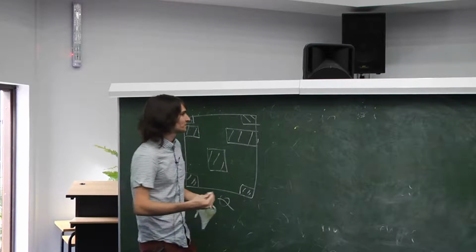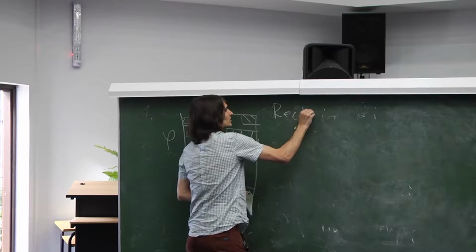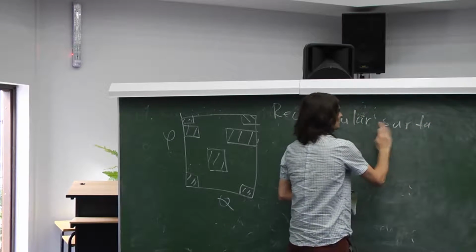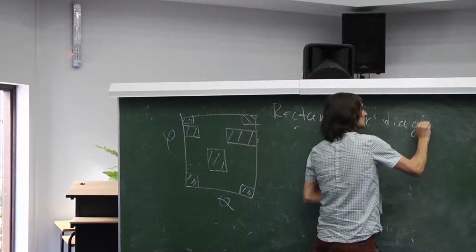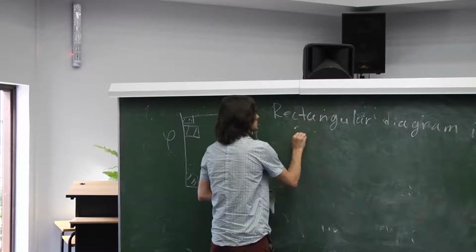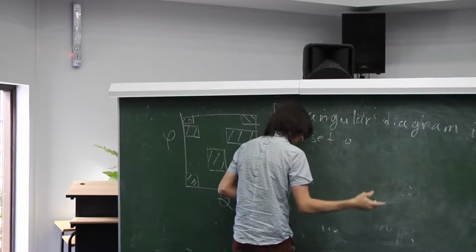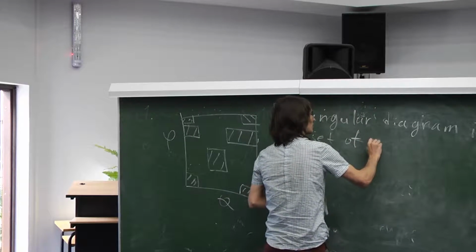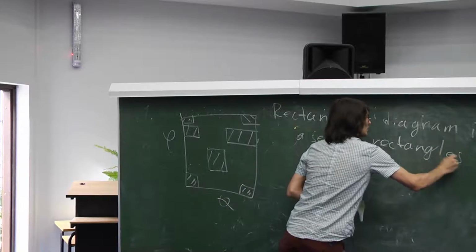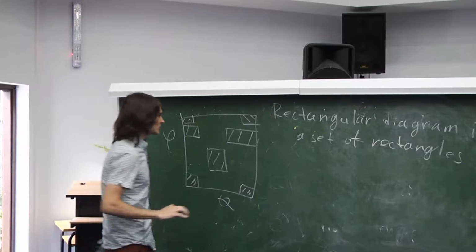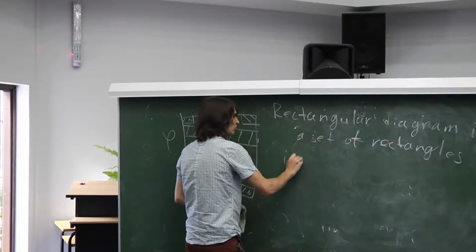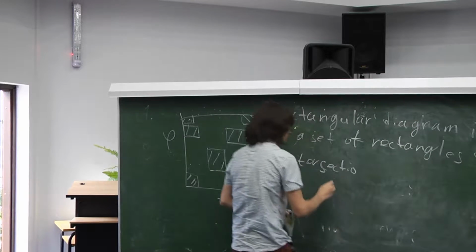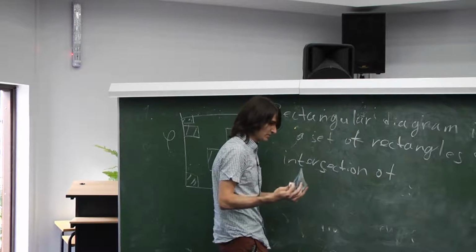There are some restrictions. A rectangular surface, or rectangular diagram, is a set of rectangles such that the intersection of two rectangles may be empty.